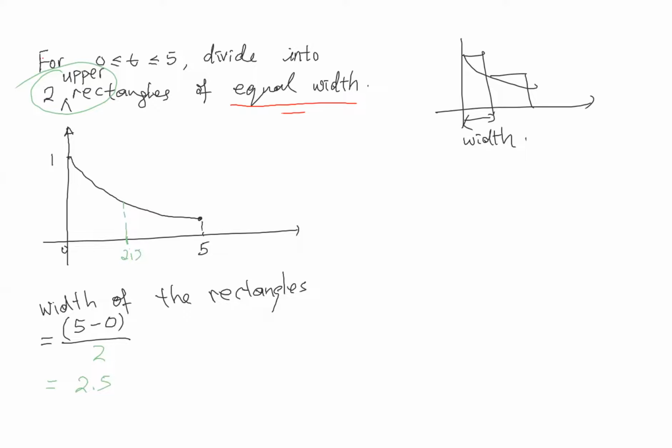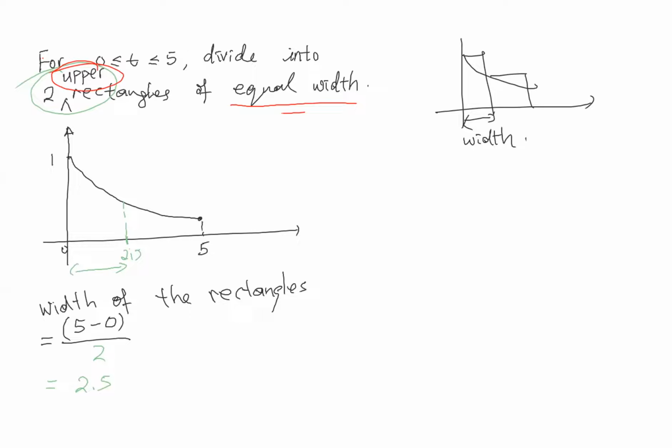Okay, so now the two rectangles. For the first rectangle, because I want the upper rectangle, upper means the height must be taller. So which should be the height, at t equal to 0 or t equal to 2.5?